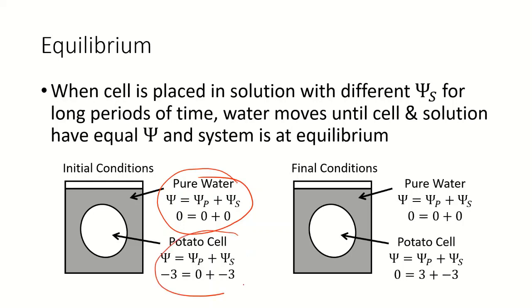Our potato cell initially has a negative solute potential because it's got stuff inside of it, so its potential is negative 3. Eventually, what's going to happen is enough water is going to move into the cell to expand its pressure potential, so that way its total potential is going to be the exact same as the water's. So everything is going to be in equilibrium after a while.